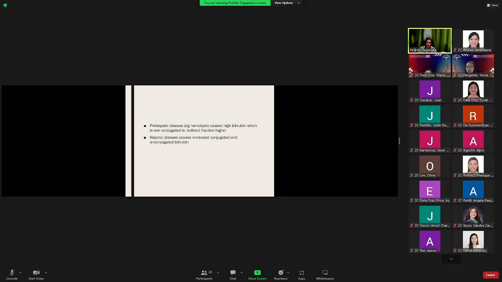In hepatic disease, both conjugated and unconjugated may be increased. And if the obstruction is after the liver, the increase in bilirubin is mostly the conjugated only. So unconjugated for prehepatic, both conjugated and unconjugated for hepatic, and mostly conjugated bilirubin for post-hepatic.